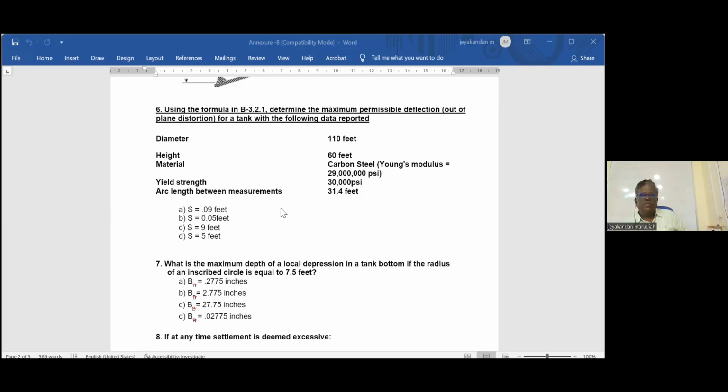What answer are you getting? You are not getting an answer. See, what is the formula?